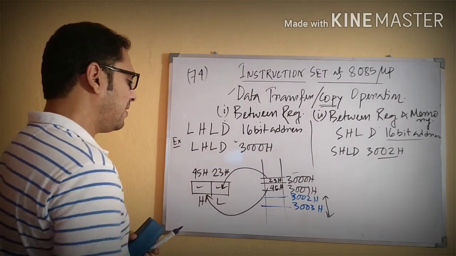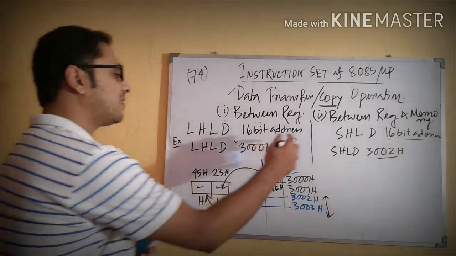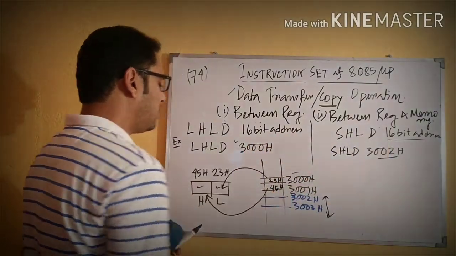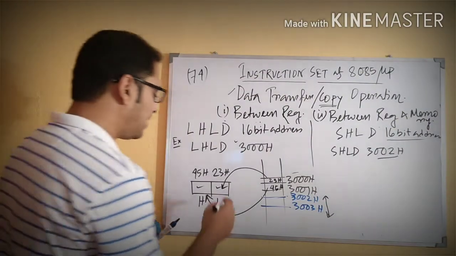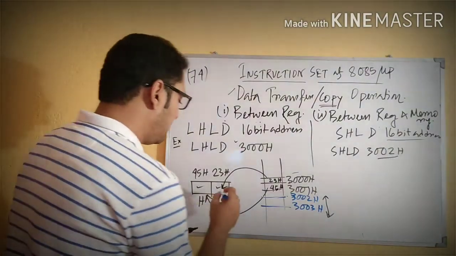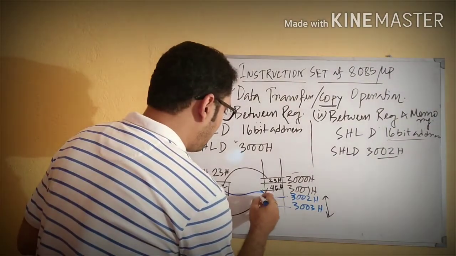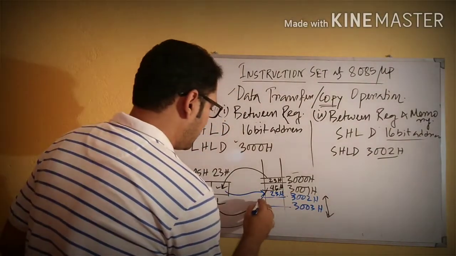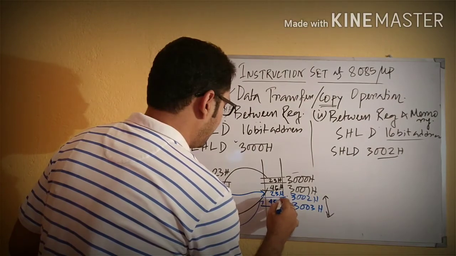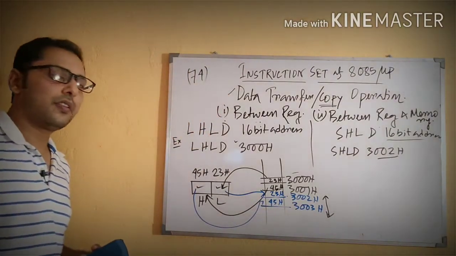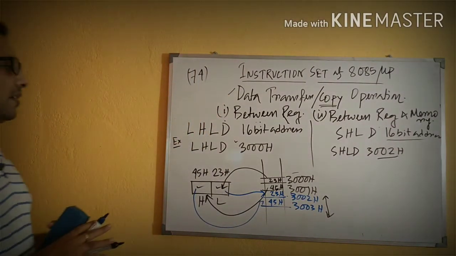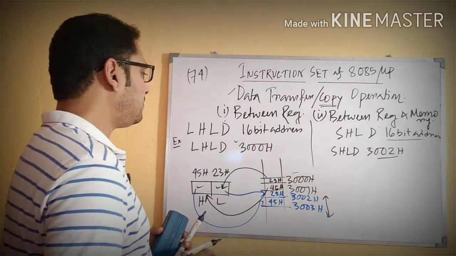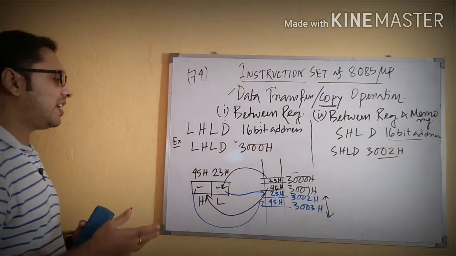If I execute SHLD 3002, the content of L will be copied here, that is 23 will come here, and 45 will come here. So that is the method of LHLD and SHLD.